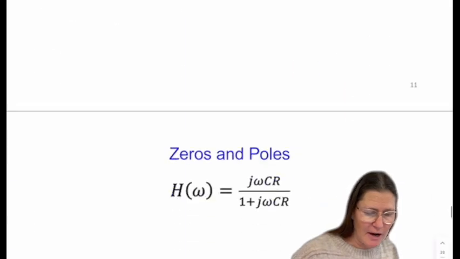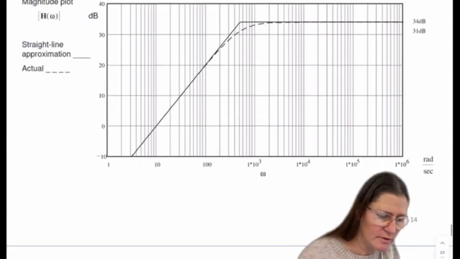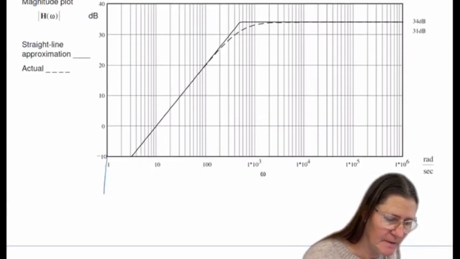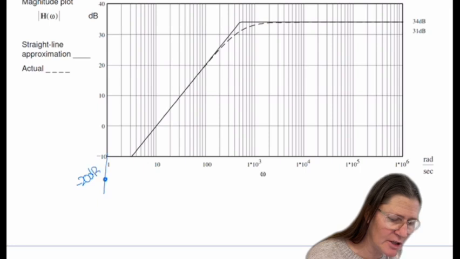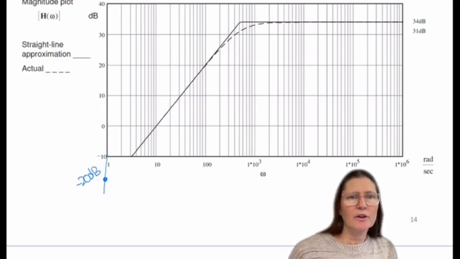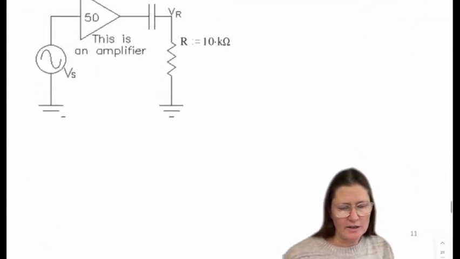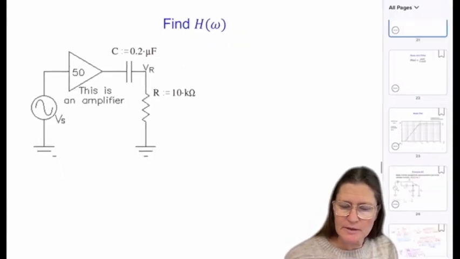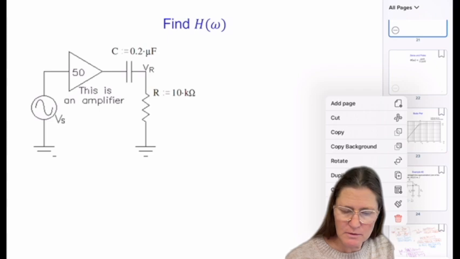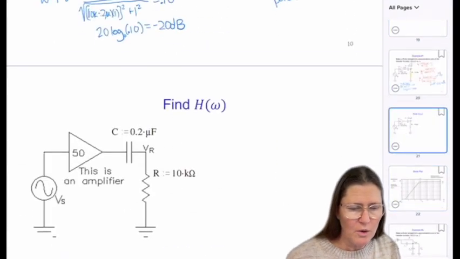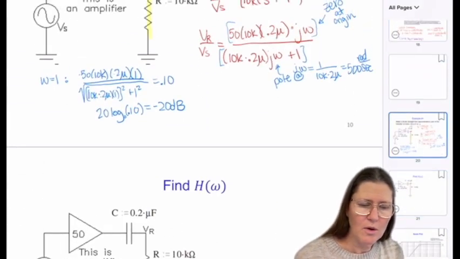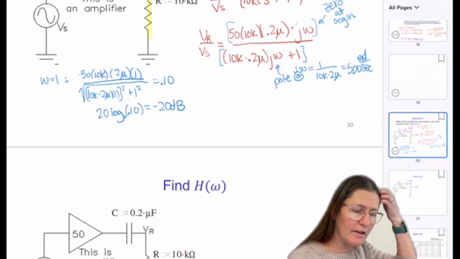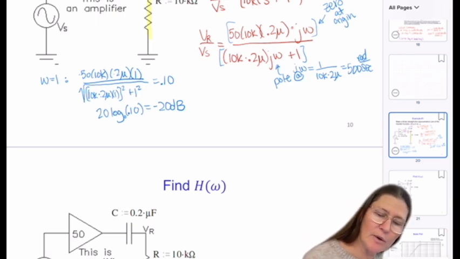So on my graph, here at 1, I know a value, and this is going to be minus 20 dB. Then I look at, erase these. Then I know from there that it has the 0 at the origin.